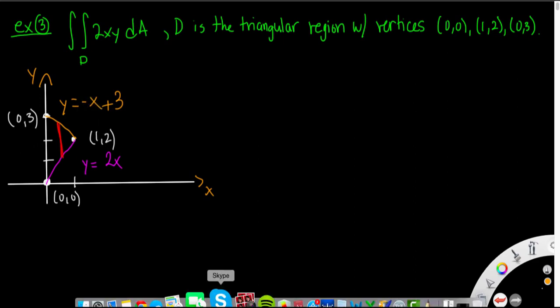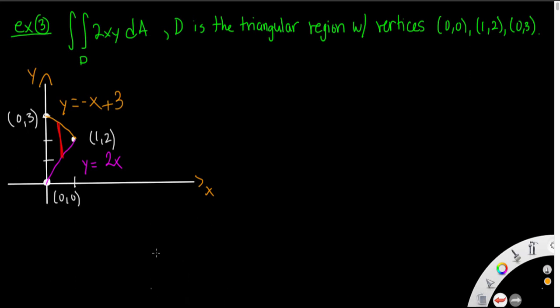Negative x plus 3 is this upper curve. So let's go ahead and solve this here. Upper curve minus lower curve, negative x plus 3 to 2x, okay? And x ranges from 0 to 1 of 2xy, and since we're doing vertical strips, dy dx.